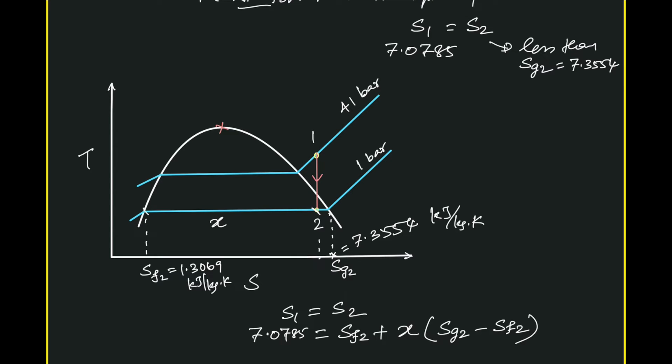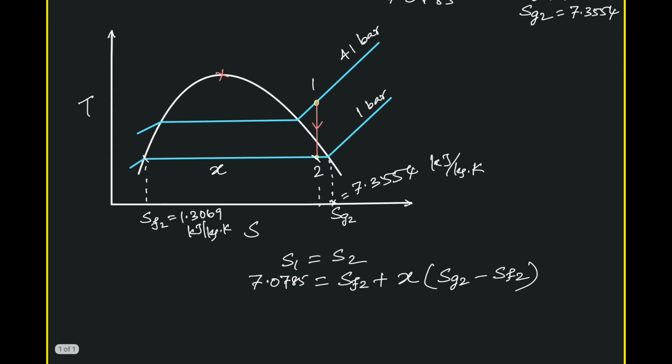The whole of this difference is SG2 minus SF2, and X is the fraction of that portion. So SF2 plus X into this difference will give the value of S2.